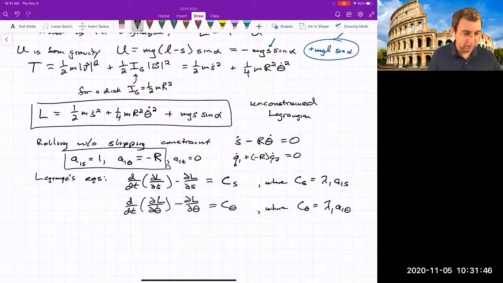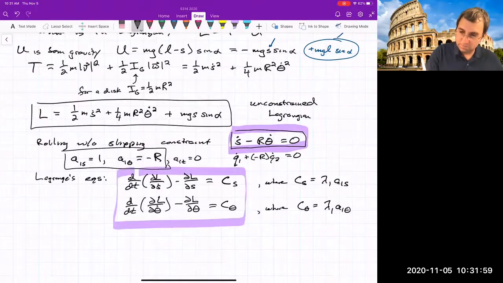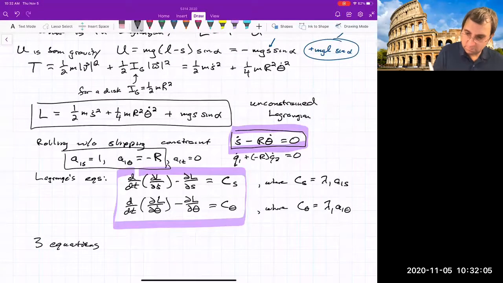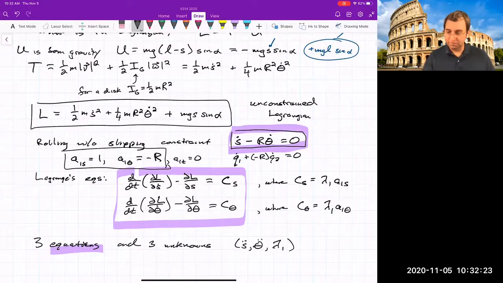So those are our Lagrange's equations. Maybe I'll highlight with purple outline. We've got three equations, the purple things, and three unknowns, which are s double dot, theta double dot, and lambda 1, the one Lagrange multiplier.